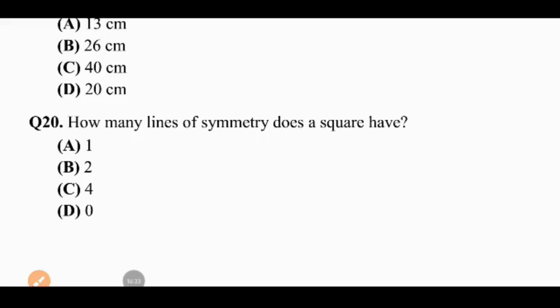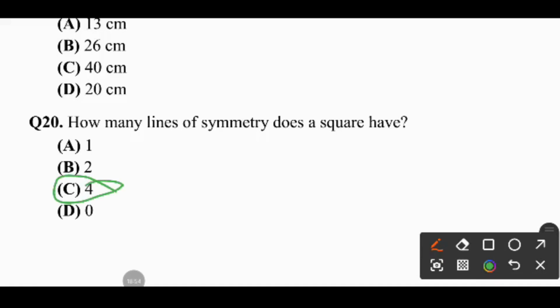A square can be folded exactly in half along two diagonals and two lines joining the midpoints of opposite sides. Understanding how this is done? So, a total of four lines of symmetry. The right answer is option C, 4.